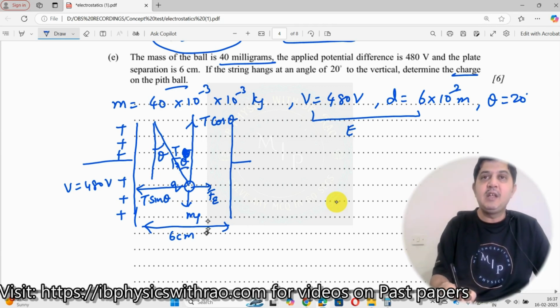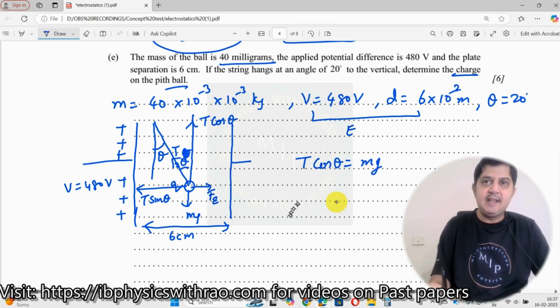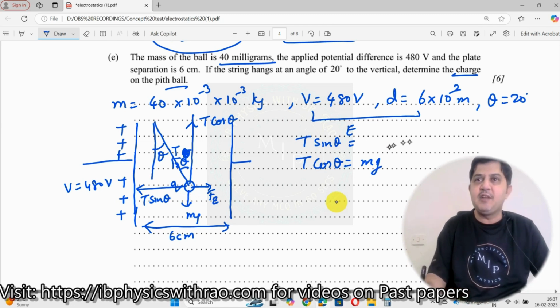Since it's in equilibrium, I can apply the equilibrium of forces, and I can now say that T cos theta is equal to mg, and T sin theta is equal to Fe.